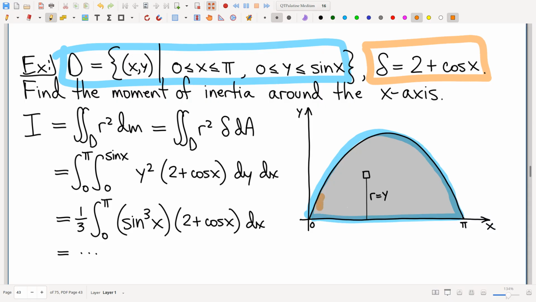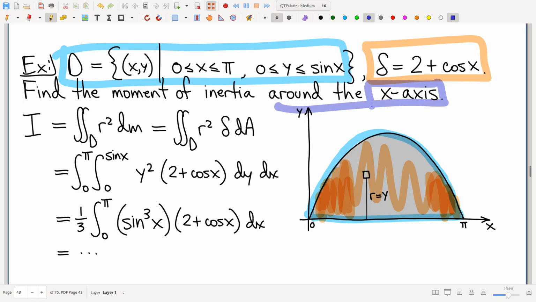It's more dense around here and around there, and less dense in the middle. And we want to find the moment of inertia, it says here, around the x-axis. So there's our axis.